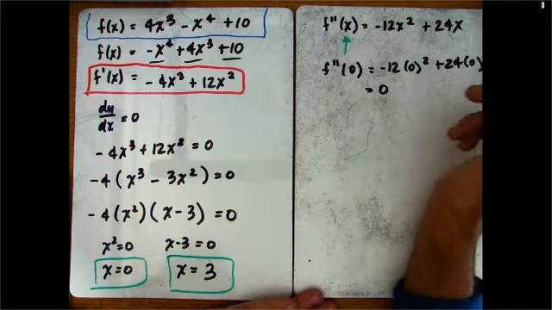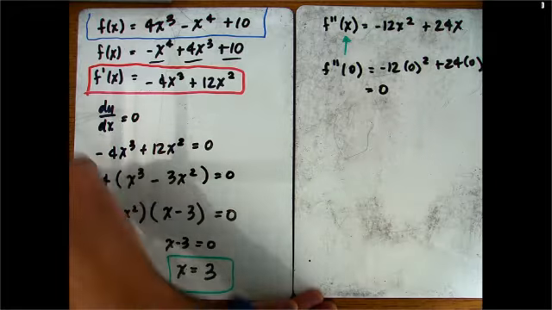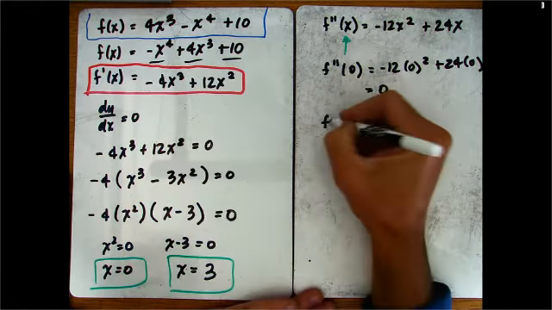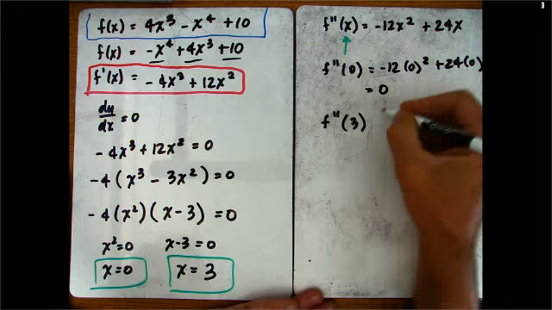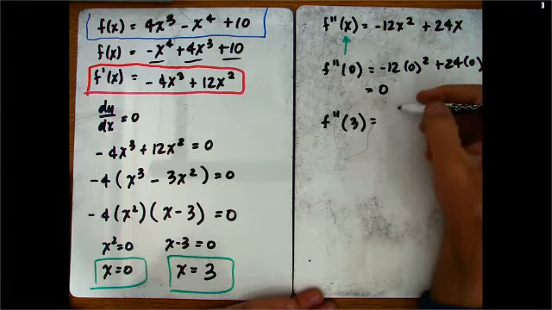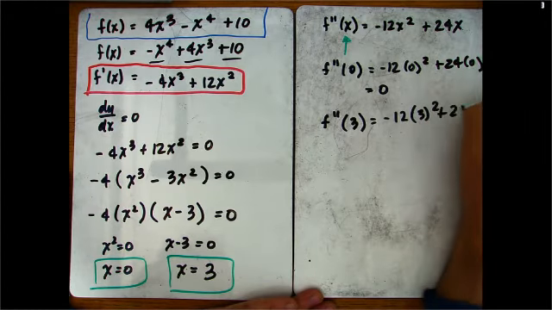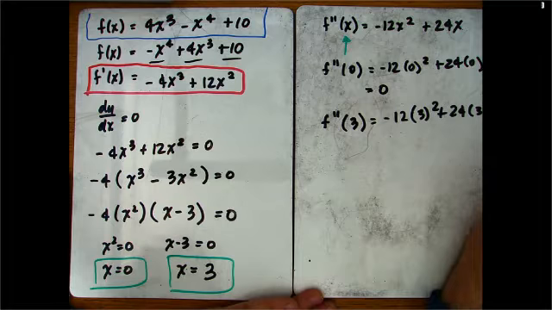Okay, interesting. What about f double prime of 3? That would be negative 12 times 3 squared plus 24 times 3.